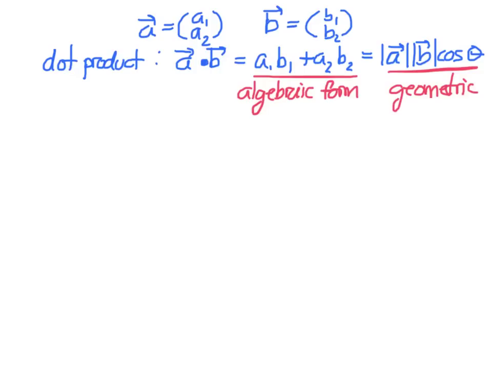Now remember, what we're really looking at here are two vectors that are emanating from the same spot, and there's an angle that forms between them.